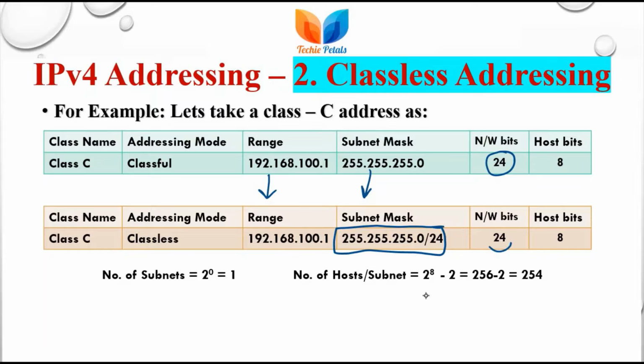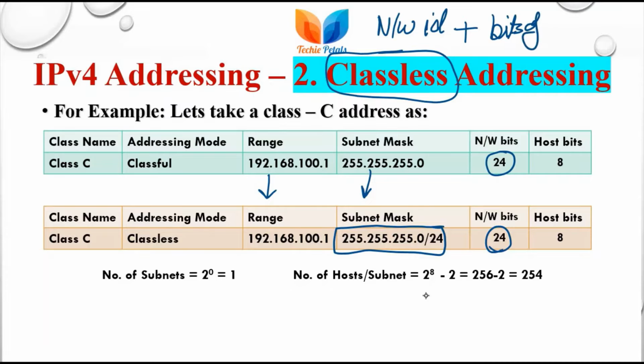Okay, so here number of hosts we have already covered. Here if we are having 24 bits for network ID, obviously we are going to have only one network and no subnet, because we are not using any extra bits. So for classless addressing, after network ID, to define subnets, we need to borrow some bits from the host ID. And network ID will be same. For example, for class C addressing, we are using first 3 octets, right?